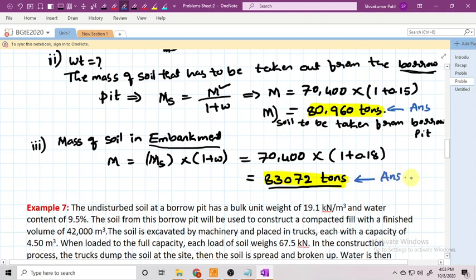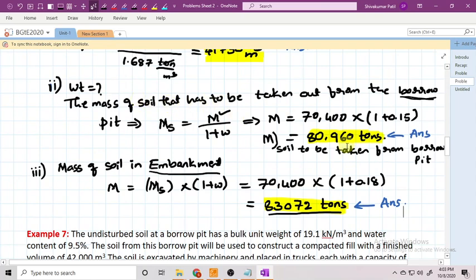Okay, so you observe here. The weight of the soil removed from the borrow pit is 80,960, right? The weight of the soil in the embankment is 83,072. Okay, what is the difference here? You see the difference between 80,960 minus 83,072.